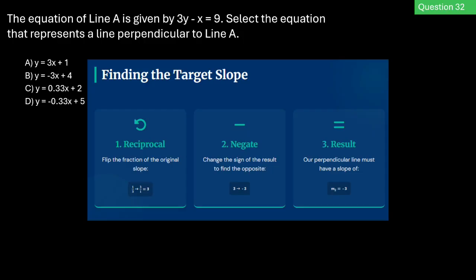Since our original slope was positive, our new slope must become negative. Putting those two steps together gives us our target slope, -3. Now, any line perpendicular to line A must have a slope of exactly -3, regardless of what its y-intercept happens to be.